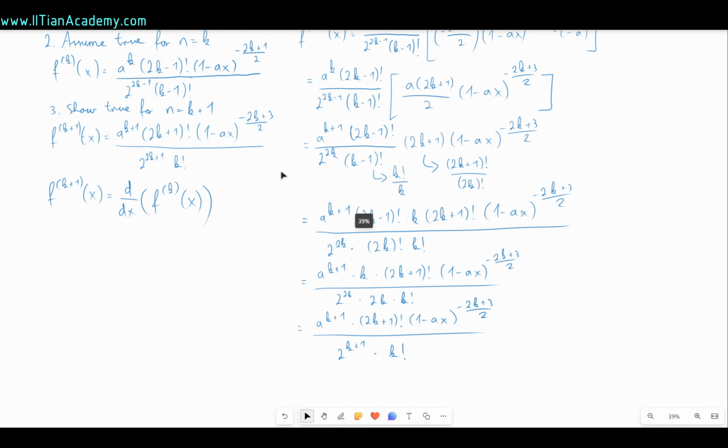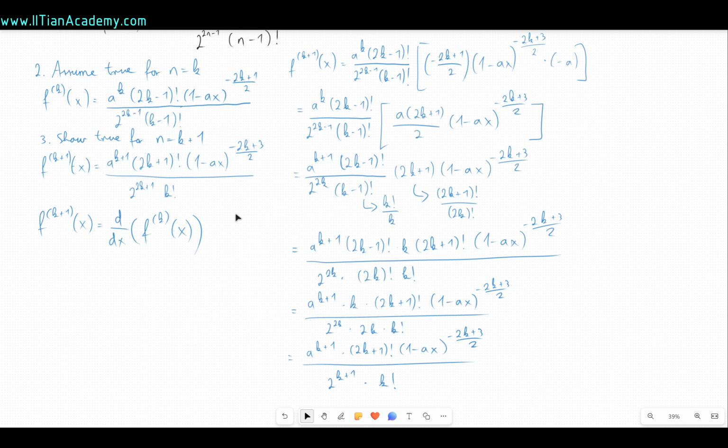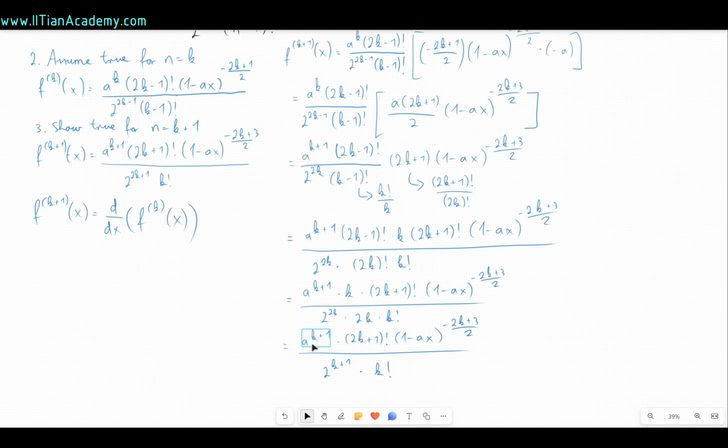And now, if we look back, if I would not have forgotten a 2 from here, so if we compare this to f to the k plus 1, this is indeed the same. I just forgot a 2 from here. But so we have a to the k plus 1, this is the same, this is the same. So everything is the same. So we have finally shown that they're indeed the same.